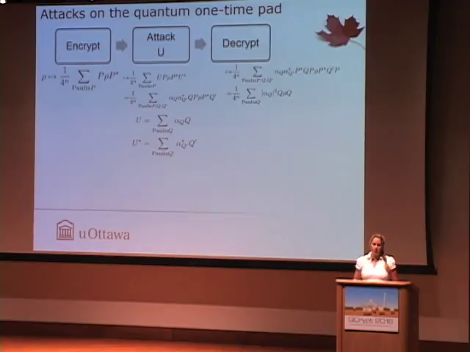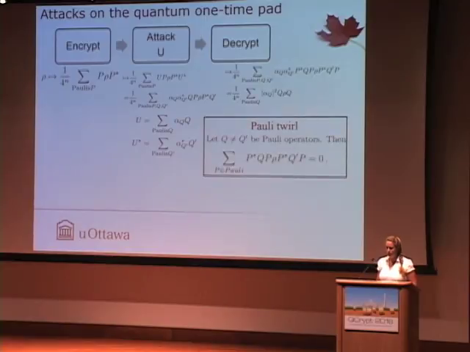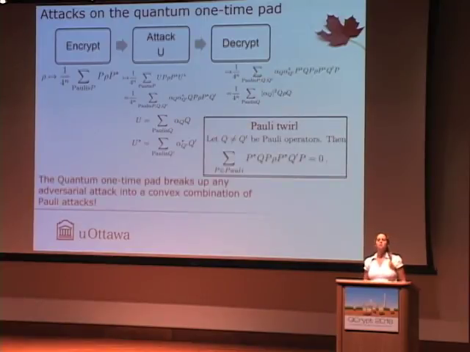Then by the Pauli twirl, we can represent this as the simple application of a Pauli on the plaintext, if we take into account the encryption and decryption. So that's the Pauli twirl. Basically the quantum one-time pad is going to break up any adversarial attack into a convex combination of Pauli attacks. And then it's easier for us to analyze only Pauli attacks.